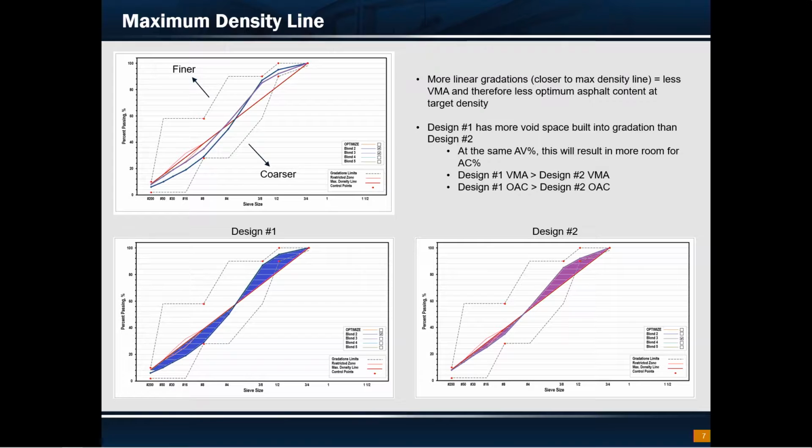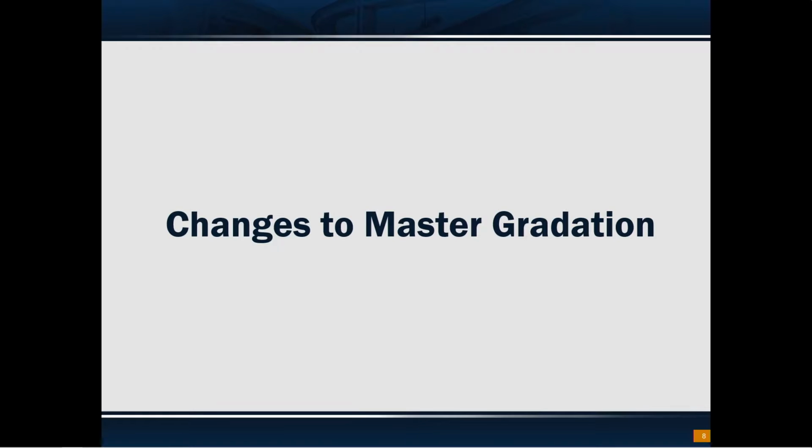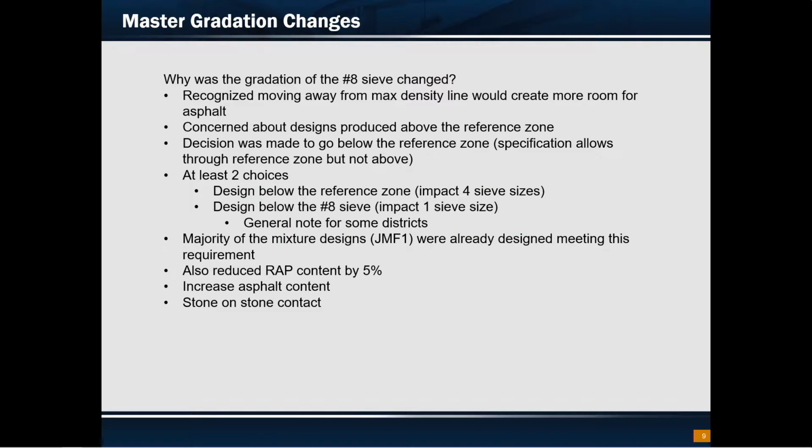So again, when you move off that maximum density line, you create room for asphalt. You have higher asphalt contents given a targeted density. Okay? And you got to make some room. So changes to the master gradation. I think as everybody's becoming aware, we did make some changes to the master gradation limits.